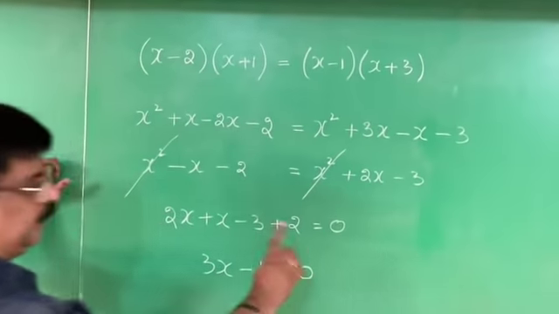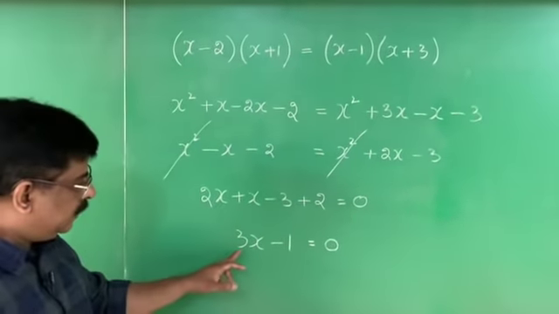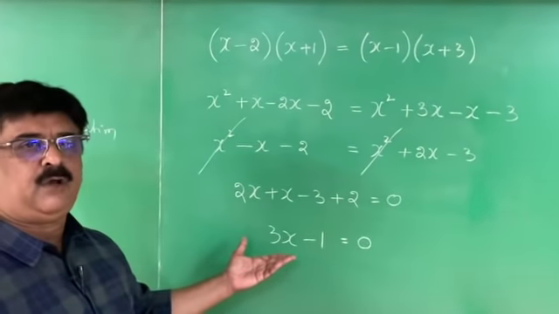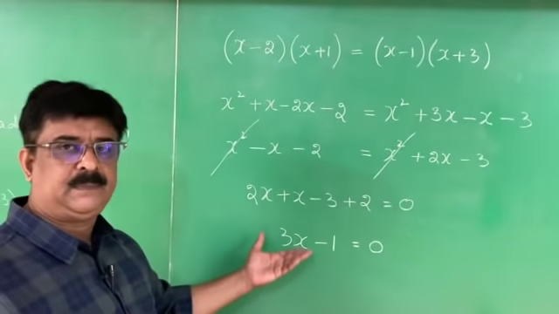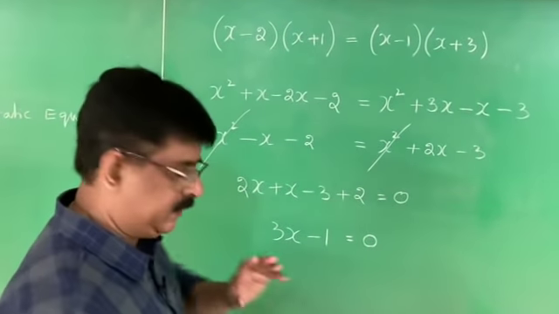You see this equation, this is the final equation I got after multiplication of the binomials. If you see this, this is not in the form of ax² + bx + c = 0. Therefore, this is not a quadratic equation.